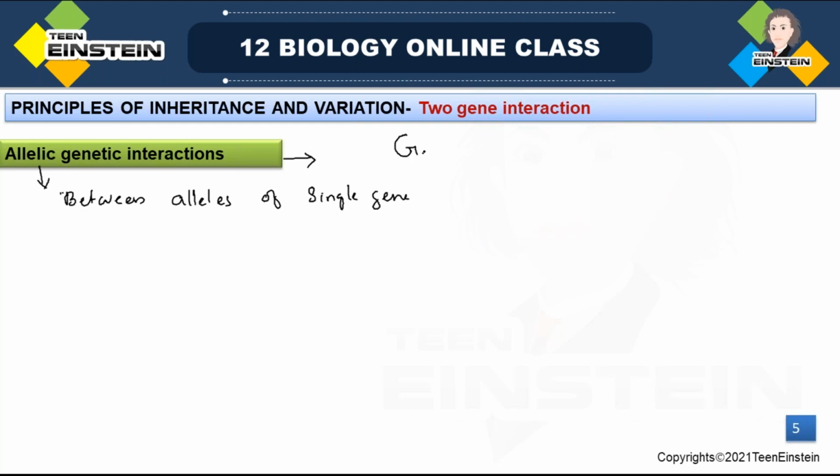We know that a gene has different forms, and two different forms are called alleles. So this genetic interaction is between alleles. Alleles are interacting and forming an expression or phenotype. It is a kind of gene interaction between the alleles of a single gene.